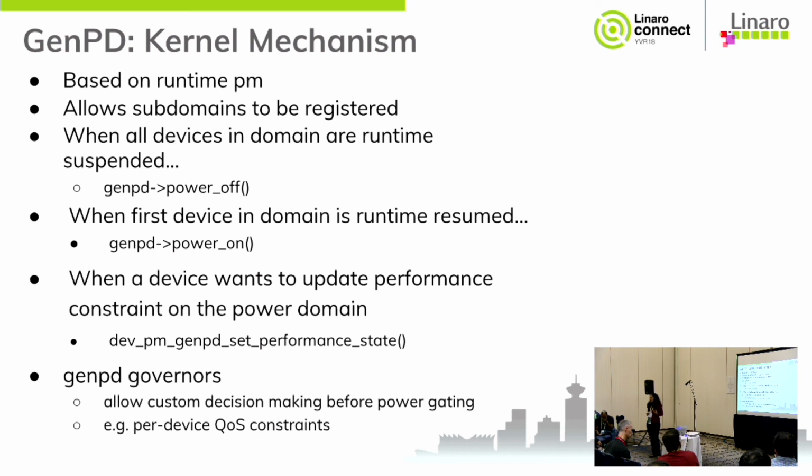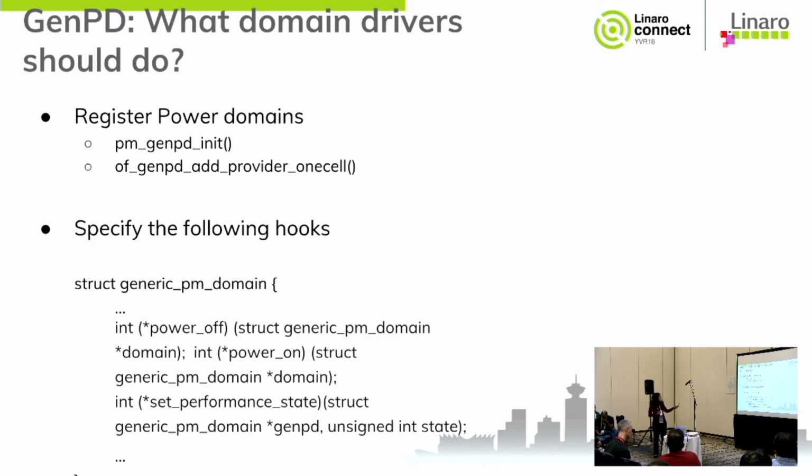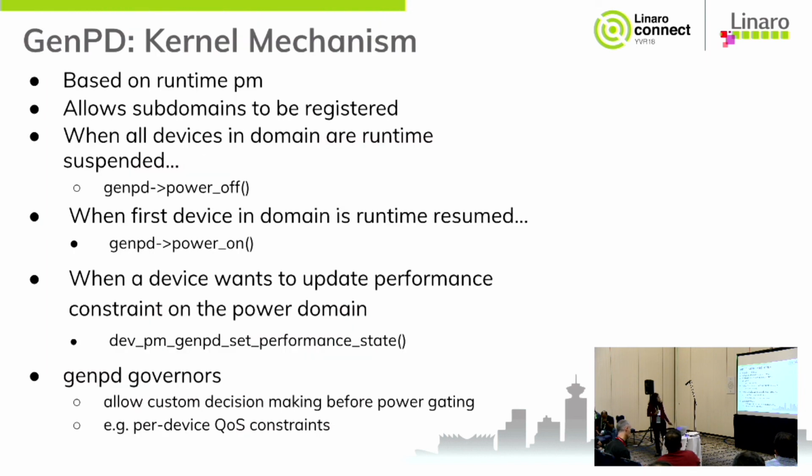This is the API to do that, and which in turn will call into the platform specific set performance state specified by the driver, which is why we have it there.